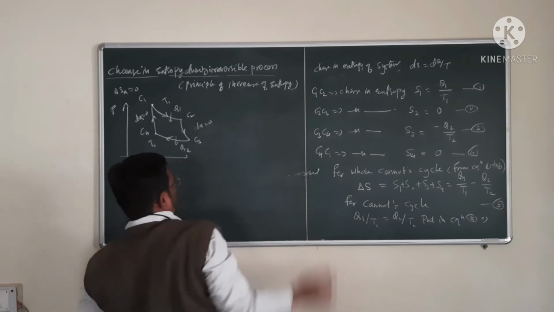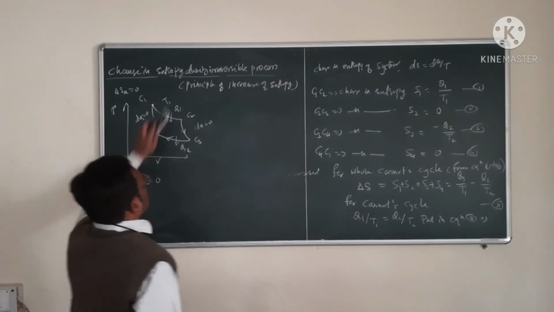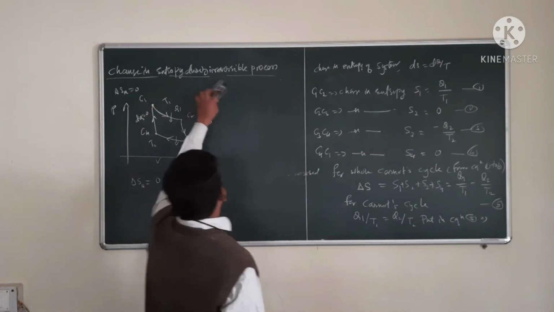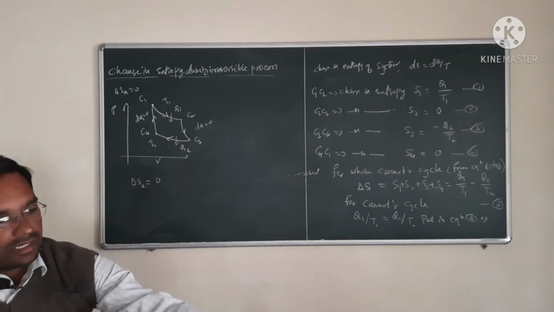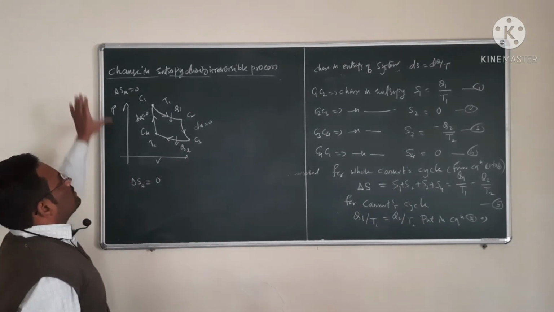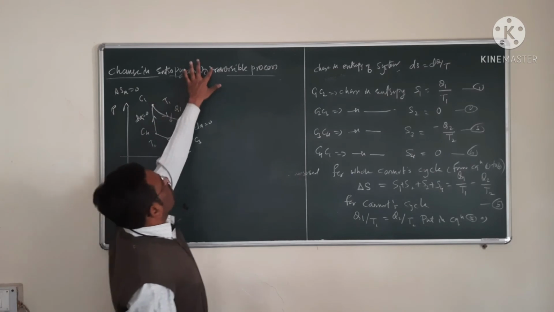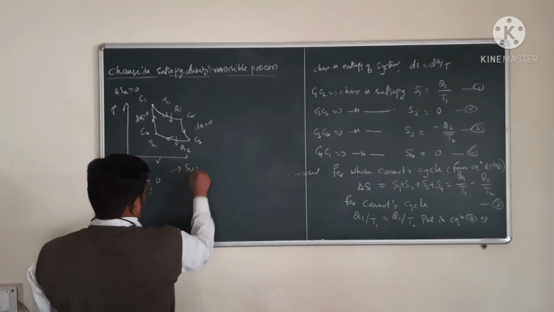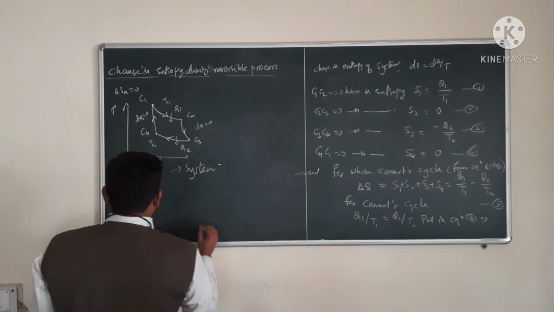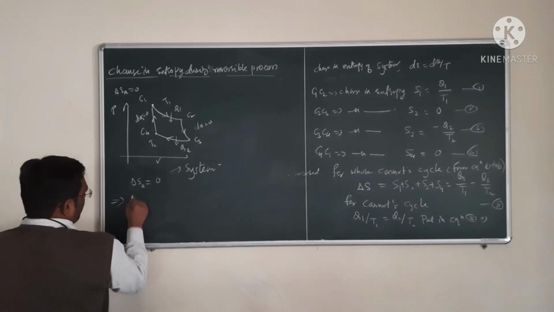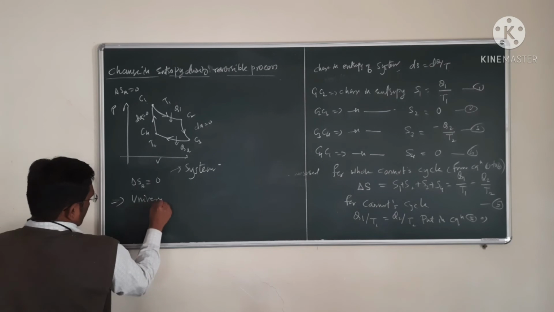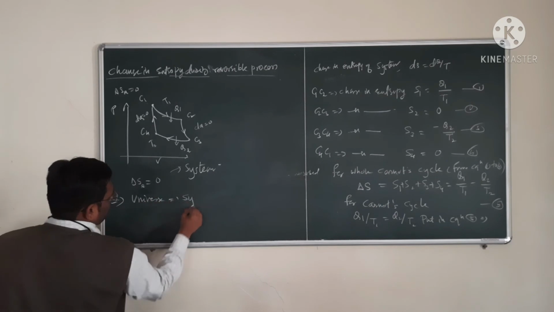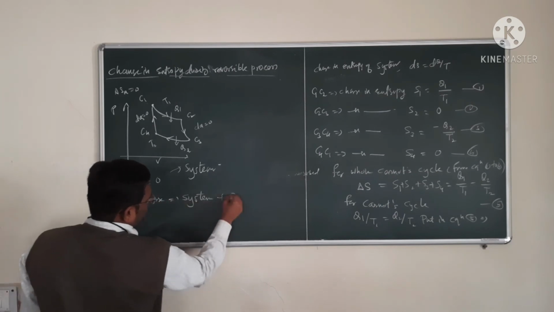So before that, I forgot one thing. Okay, sorry about that. Here I have shown you the change in entropy during a reversible process for the Carnot cycle. This is for the system. Okay. Now remember, the definition of universe is system plus surrounding.